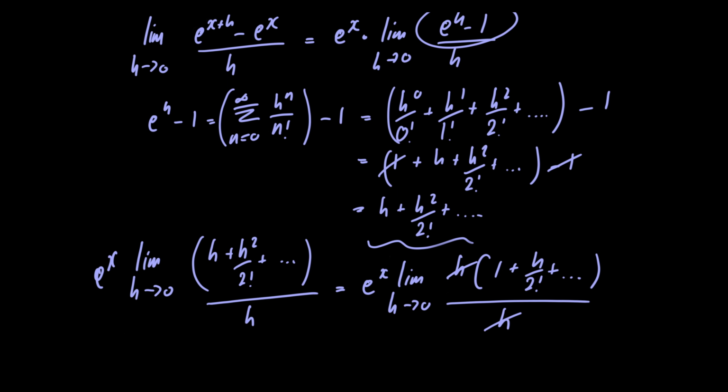Now these two cancel with each other and we can just plug in h is equal to 0. So this is 0 and everything else is 0. So we have e raised to x multiplied by 1, which is just equal to e raised to x.